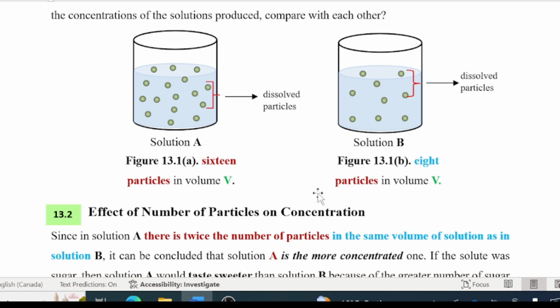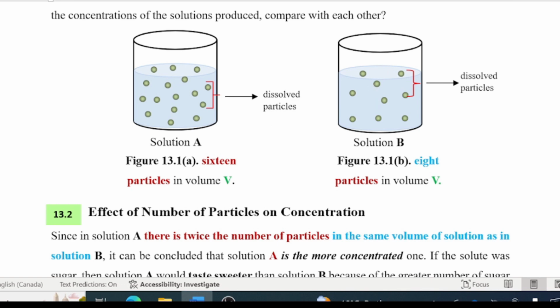So what we say in this case is that the concentration of this solution A will be higher than the concentration of solution B. And that, of course, is attributed to the larger number of particles here than in that one there.